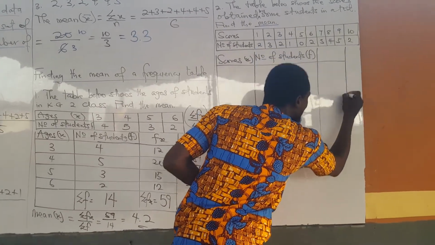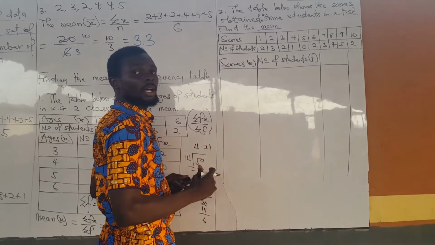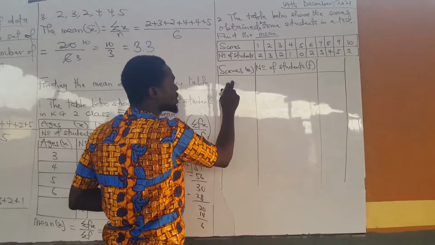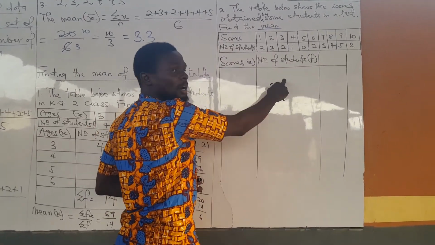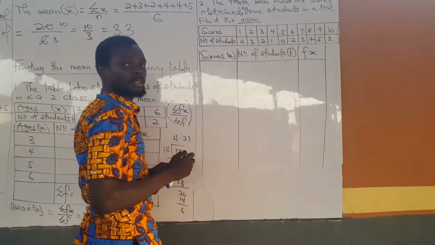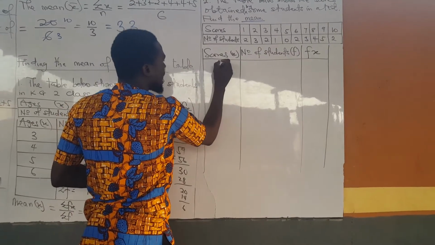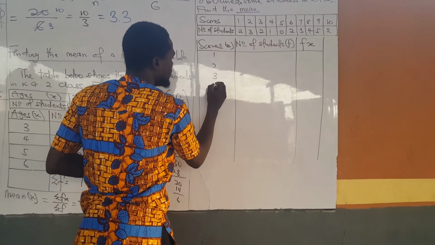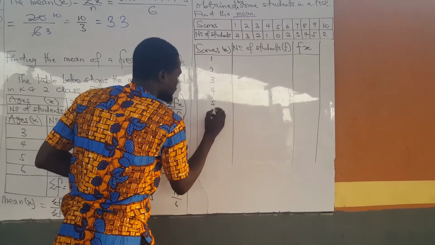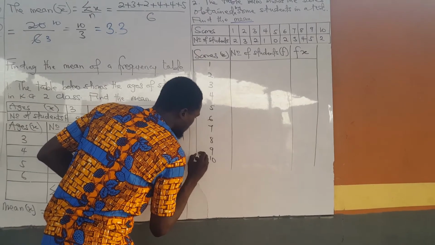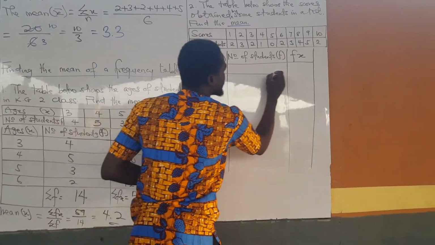Then we will add another table, making it 3. So we have the scores here, the number of students, then this gives us Fx. So the scores are 1, 2, 3, 4, 5, 6, 7, 8, 9, and 10.